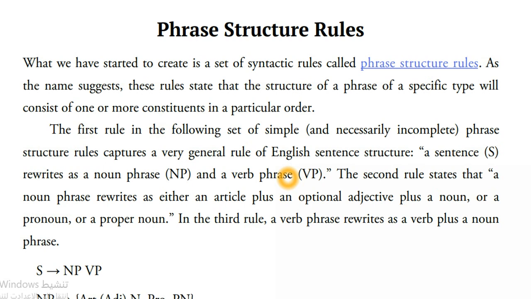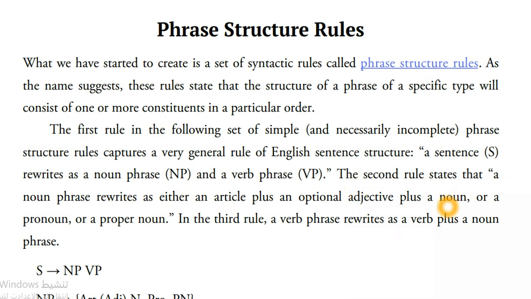The second rule states that a noun phrase rewrites as an article plus an optional adjective plus a noun. So when you have a noun phrase, it can be an article plus adjective plus noun.